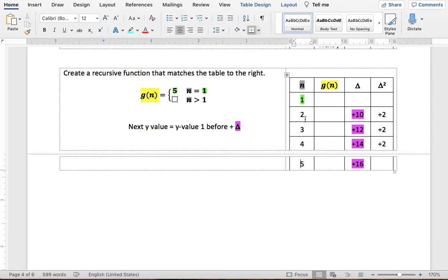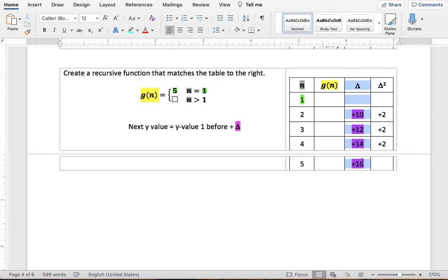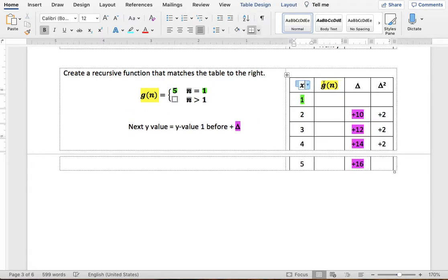Looking at this, you're going to treat this column right here sort of like your x value. Technically, it's an n, but you're thinking of it right now as an x, and you're going to be thinking about this column as sort of like your y. So if this was an x, this was a y, and none of the rest of this stuff was here, how would you create an equation for this right there?